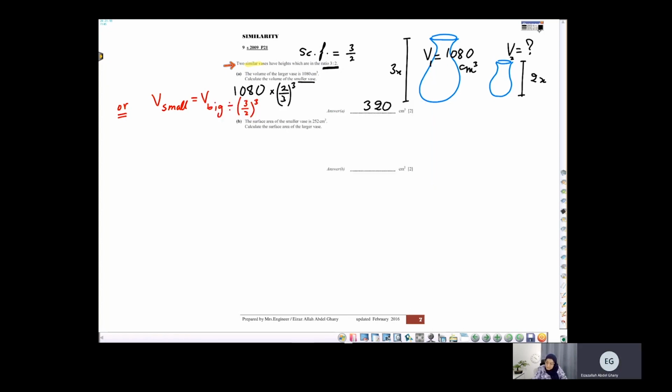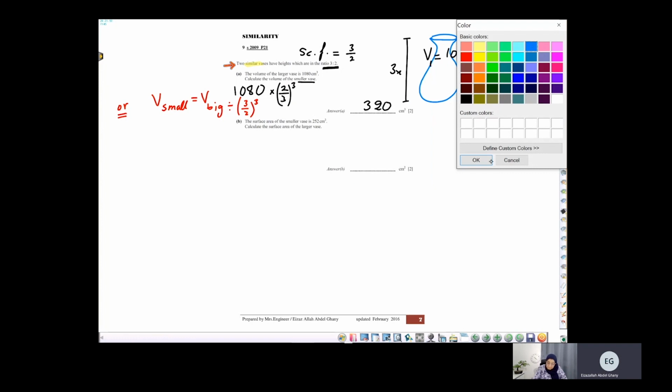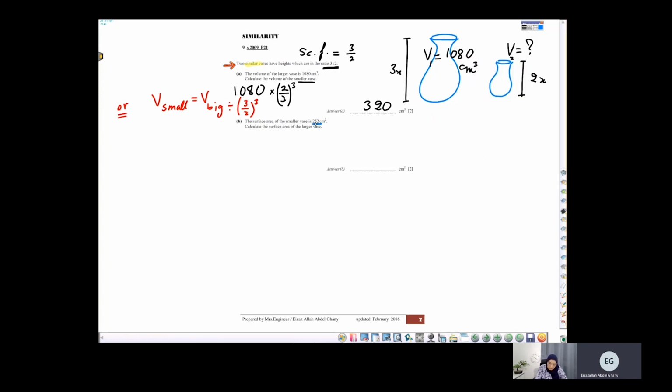Let's write the information. Surface area of the smaller vase, this is area small, is 252 centimeters squared. If you didn't concentrate, complete the sentence and underline his requirements. Calculate the surface area of the larger vase.